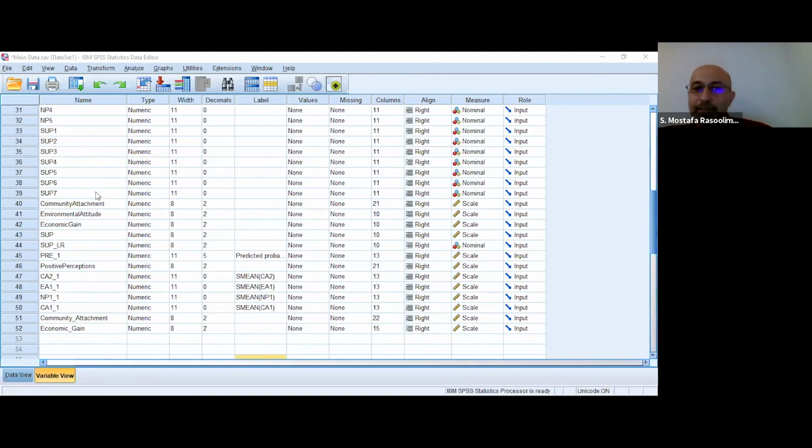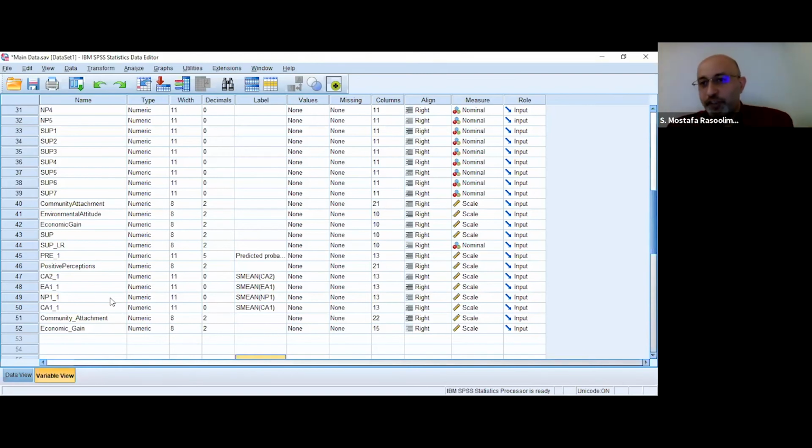Okay, for the independent sample t-test, we want to compare between two independent groups, right? Male and female. So we want to compare community attachment between male and female, right?